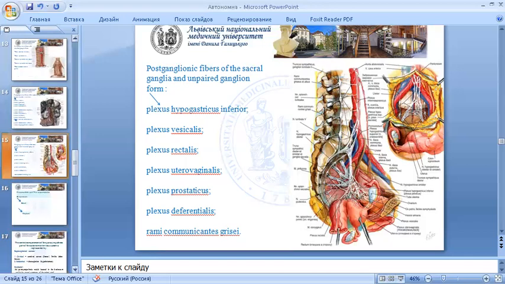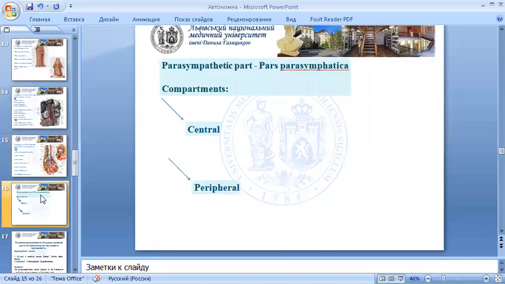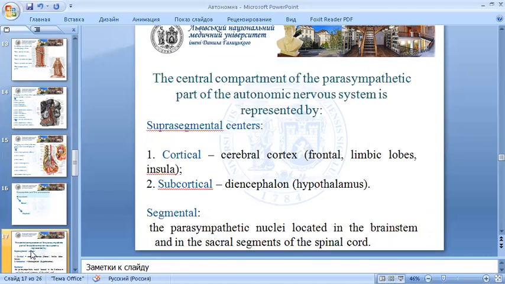So now we will discuss a little about the parasympathetic part and its compartments, pars parasympathetica. The parasympathetic part of the autonomic nervous system, similar to the sympathetic, consists of two compartments, central and peripheral. Like we said a few minutes ago, the central compartment of the parasympathetic part, similar to the sympathetic, is represented by suprasegmental centers, which are both cortical and subcortical.